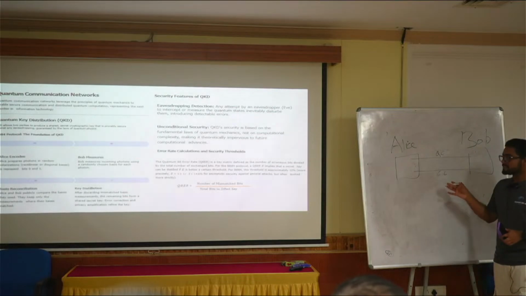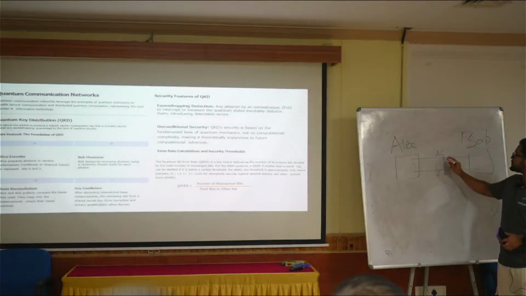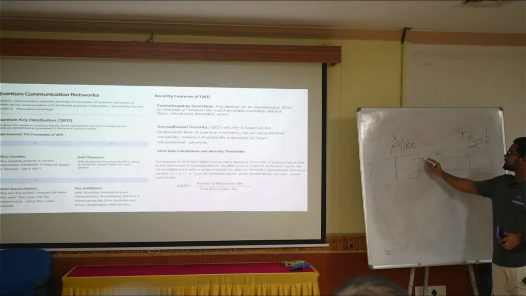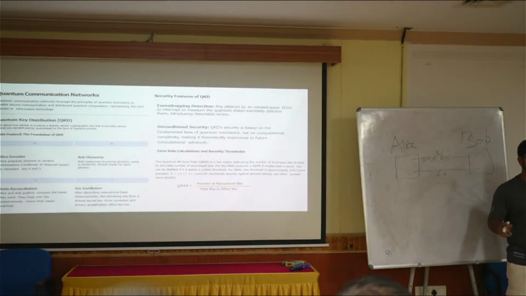I will be discussing the general idea and then I will come to BB84. Through the quantum channel they will be sharing qubits, and the classical channel carries normal classical information.